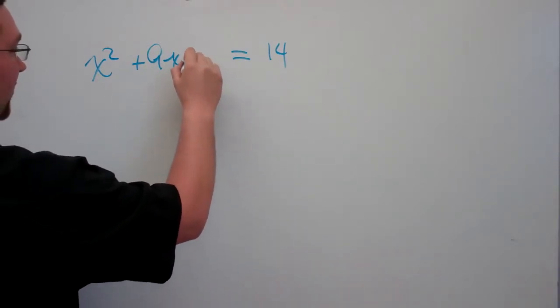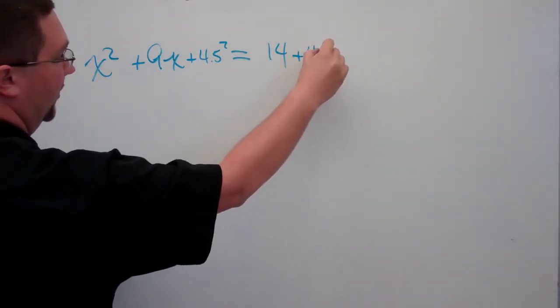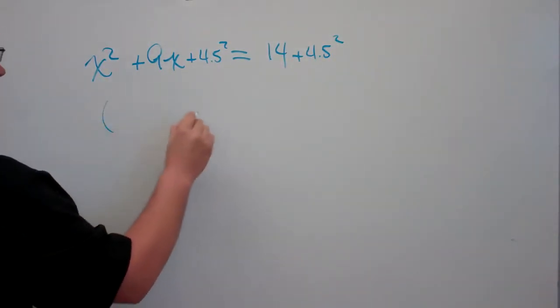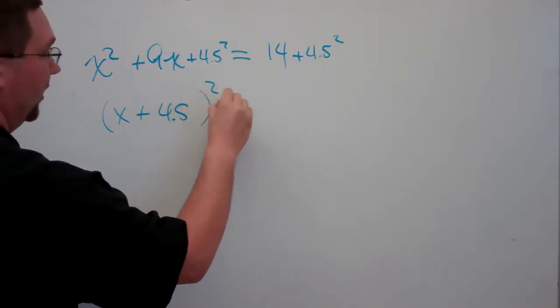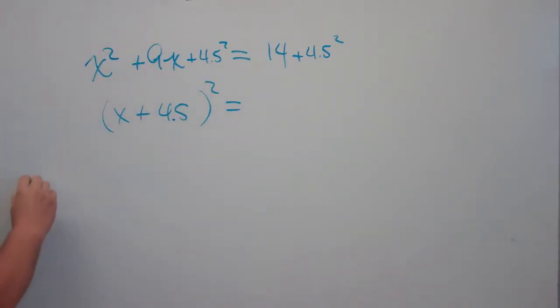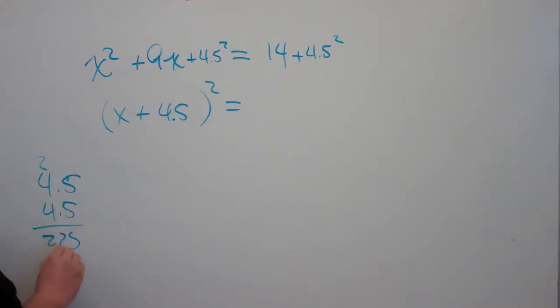Half of 9 is 4.5, so this is 4.5 squared plus 4.5 squared. I'm kind of cheating there. So this is x plus 4.5 squared equals, well, I'm going to have to square it out. 4.5, 4.5, 5 times 5 is 25, 4 times 4 is 16, 18.